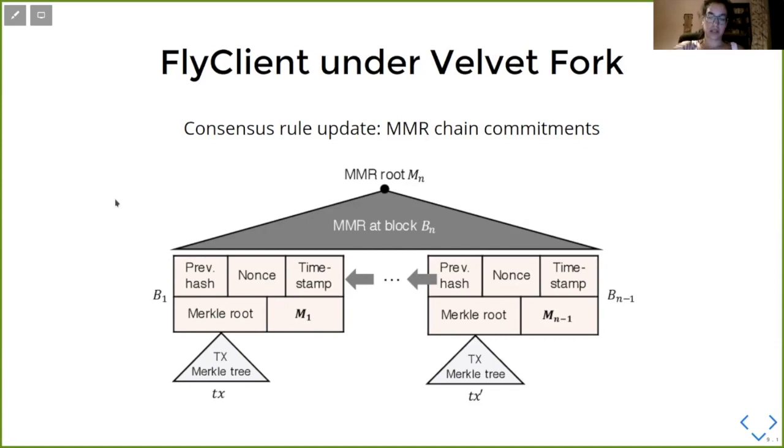So the protocol says that the prover sends a claim for the proof of work contained in the chain.